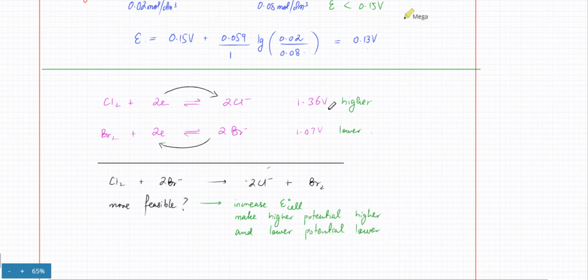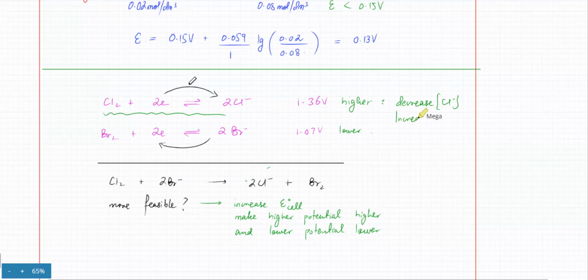So how can we make this even higher? Remember, a higher potential is achieved if the equilibrium shifts in the forward direction. So what you could do is either decrease Cl minus concentration, because if you do that, the equilibrium would shift in the forward direction, or you could increase pressure.